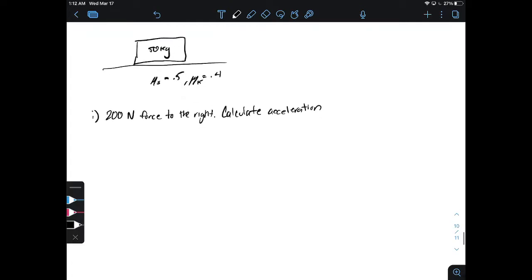So let's draw our free body diagram. It's always very important. So we have 50 kilograms, that would be mg acting downwards. I'm not going to put in the values quite yet. As a result, we have our contact force acting upwards because it's just on a normal plane. Now we have a 200 Newton force to the right.